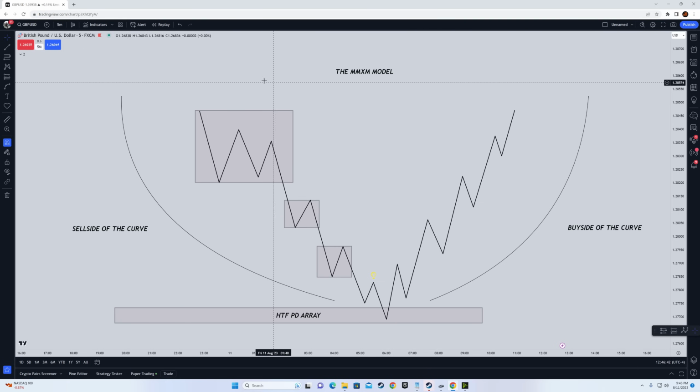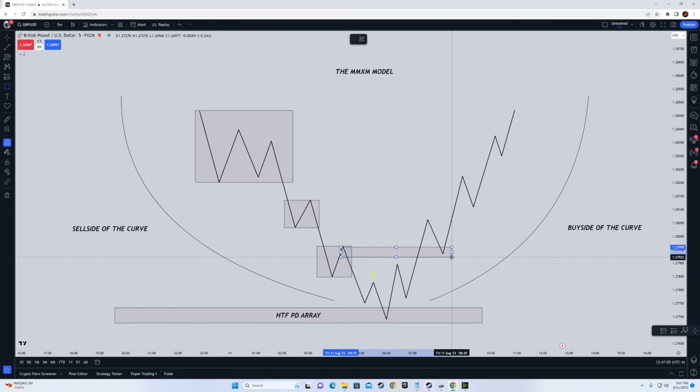Okay, now we can't long till the high of the consolidation. All right, and we are going to use mitigation blocks. So what are mitigation blocks here? So this is the sell side of the curve, this is the buy side of the curve, right? In the sell side of the curve, where we were coming down, we have to mark out every single bearish order block.